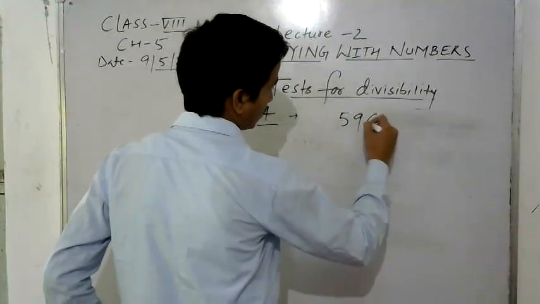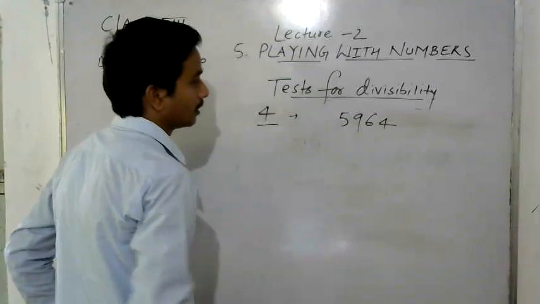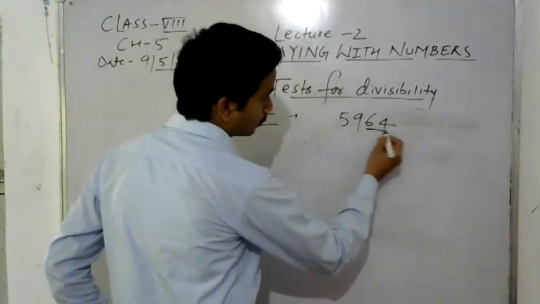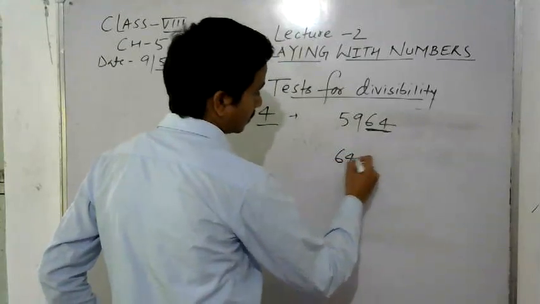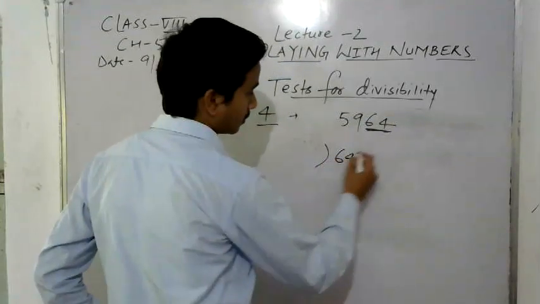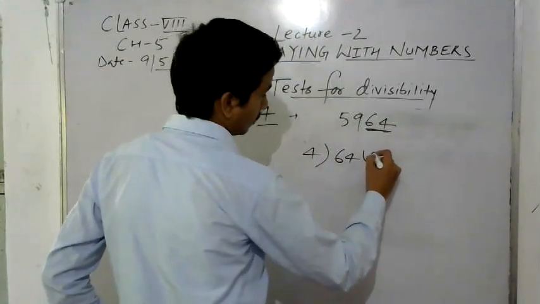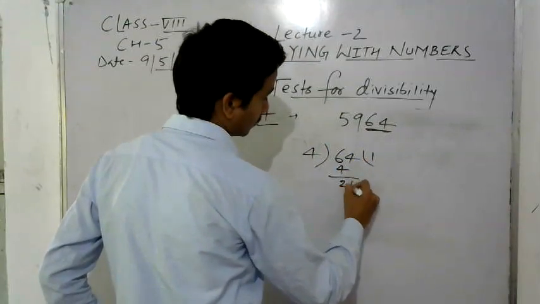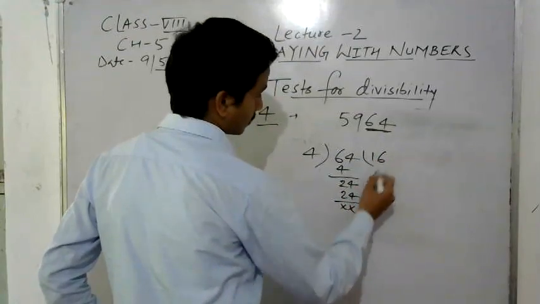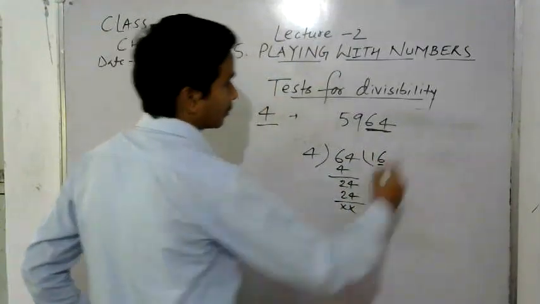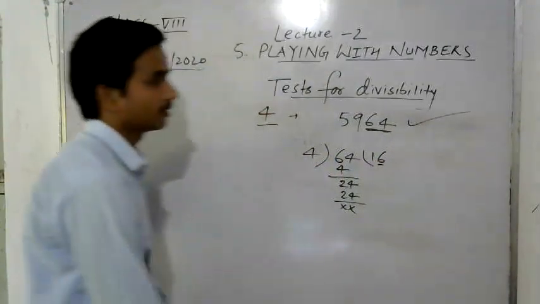Take 5964. See the last two digits: 64. Is 64 divisible by 4? 4 times 6 is 24. Yes, it is divisible by 4. So that number is divisible by 4.